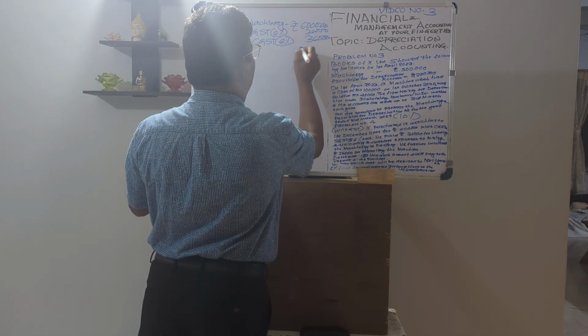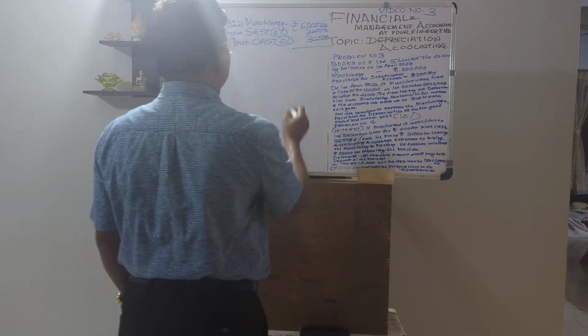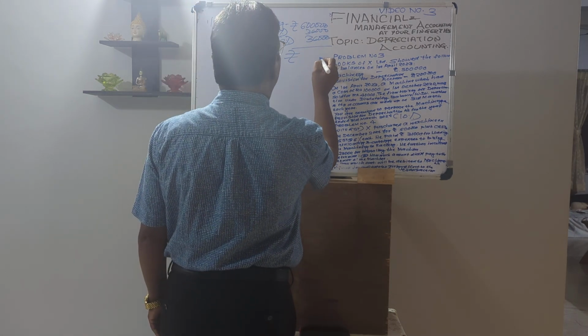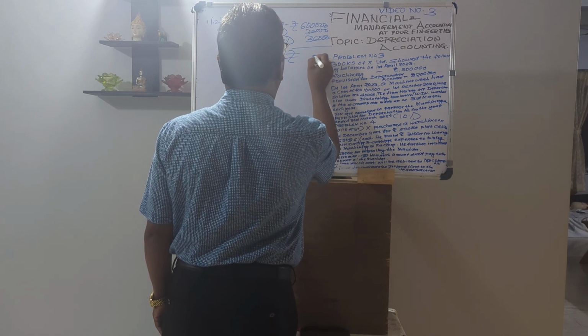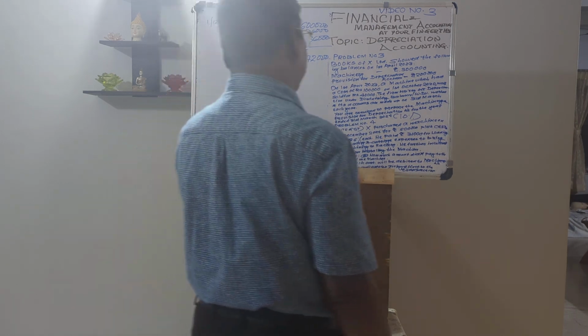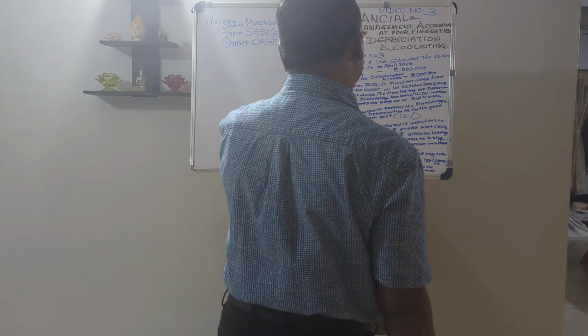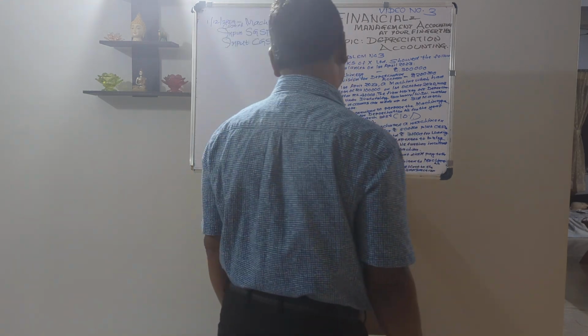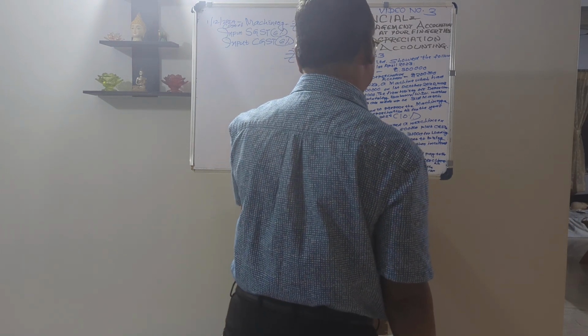So the total amount the business has to pay to the supplier is 6,72,000. It is given that X purchased a machine on 1st December 2024 for 6 lakh plus CGST and SGST at the rate of 6% each.